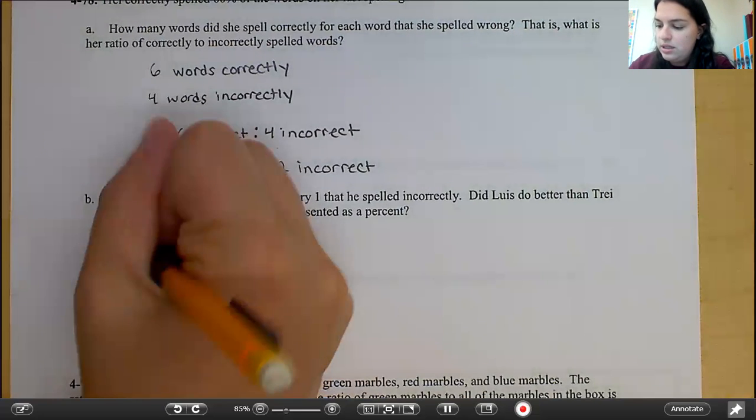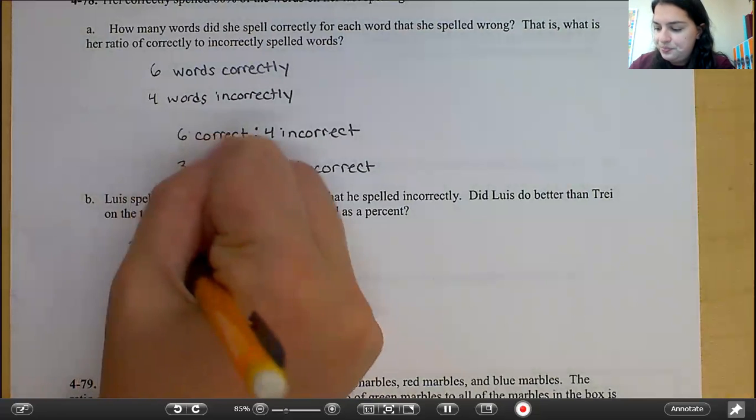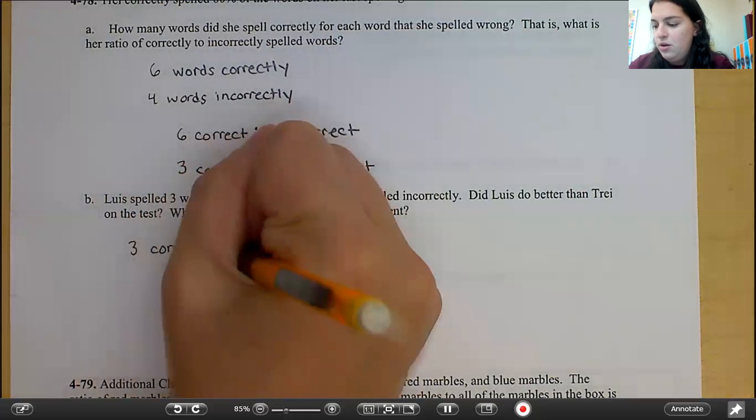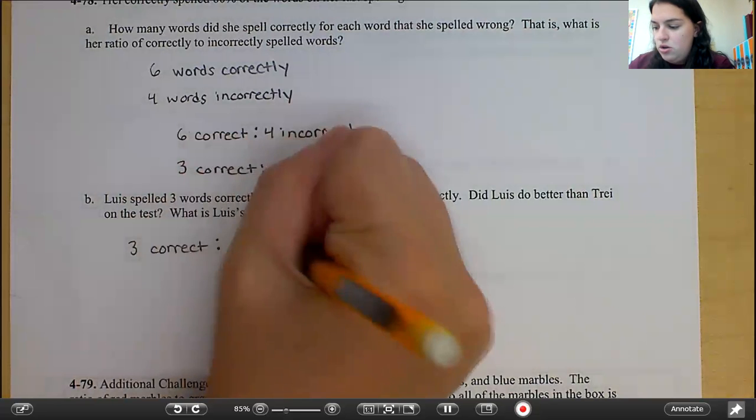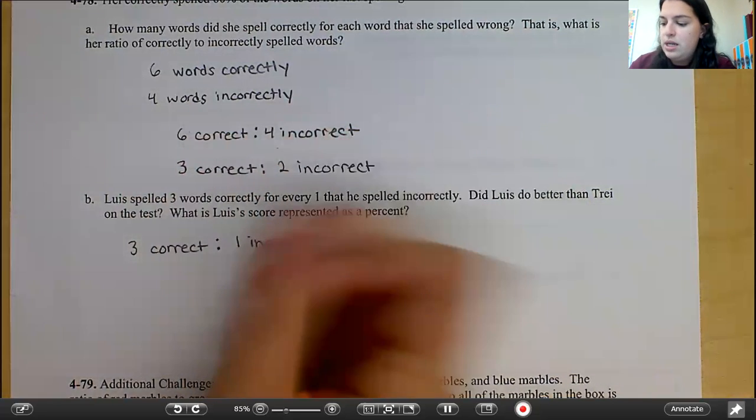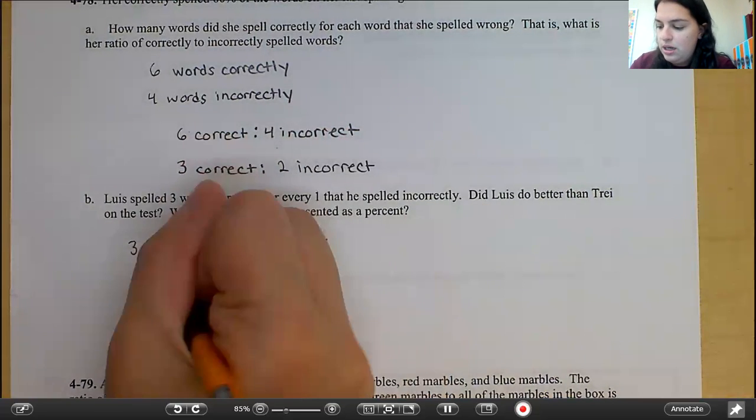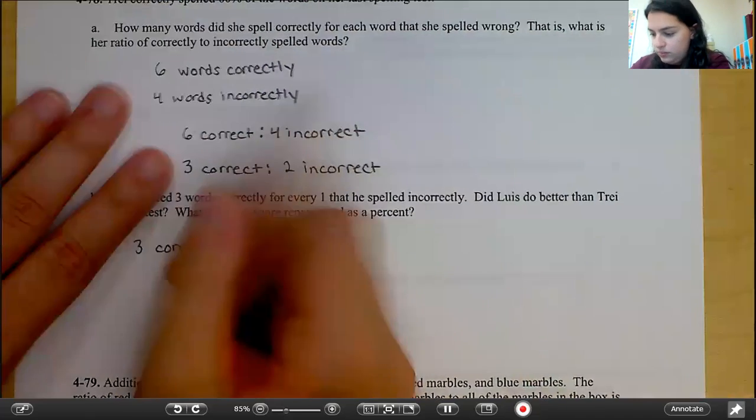So we know that Lewis got 3 correct for every 1 incorrect. So if I was writing that as a fraction, he would get a 3 out of 4.